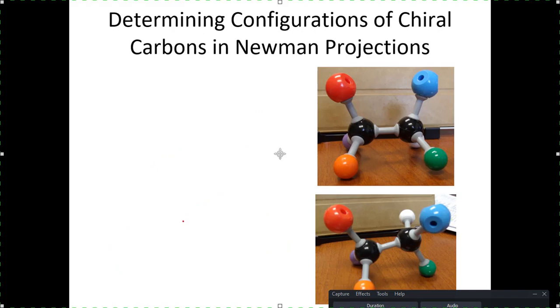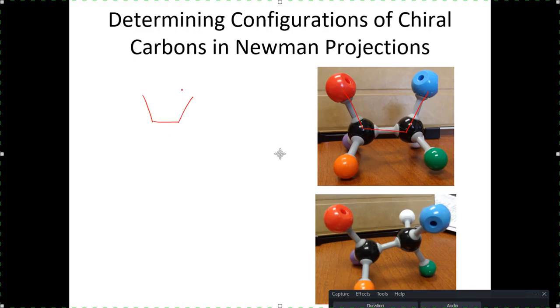Okay, determining the configurations in a Newman projection requires us to just go back and remember how we convert from a sawhorse to a Newman or vice versa. Now, when you have a Newman projection like this, remember that in this Newman projection, when I'm looking at this model, these three bonds are in the plane.